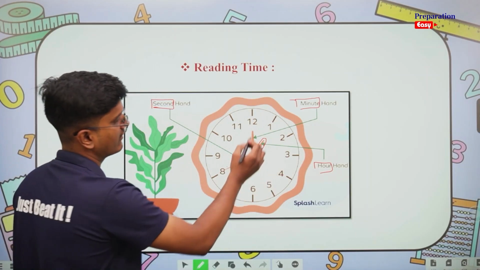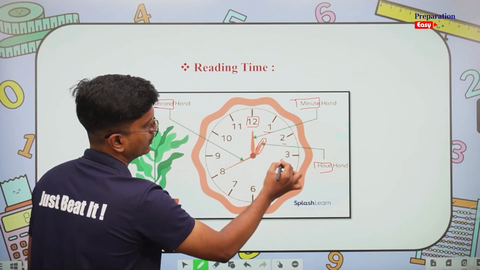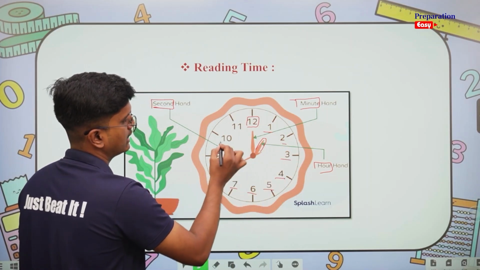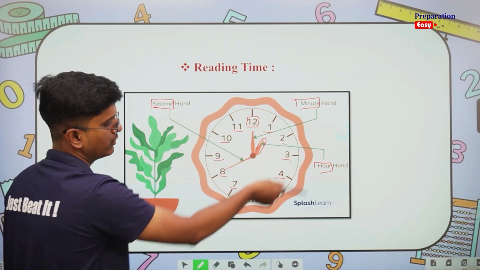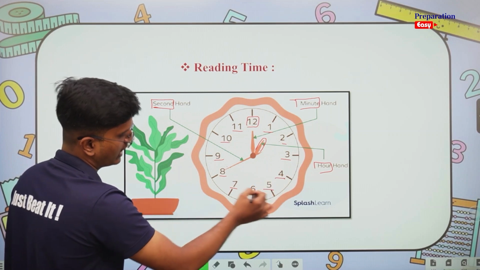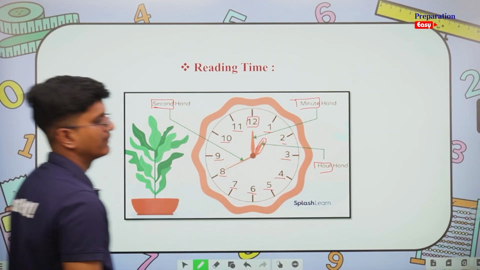Besides the three hands we have the digits 12, 1, 2, 3, 4, 5, 6, 7, 8, 9, 10, 11, and again 12. It goes in a circular motion. After 1 it will be 2, 3, 4, 5, up till 12, and again it will go 1, 2, 3, 4 up till 12, okay?